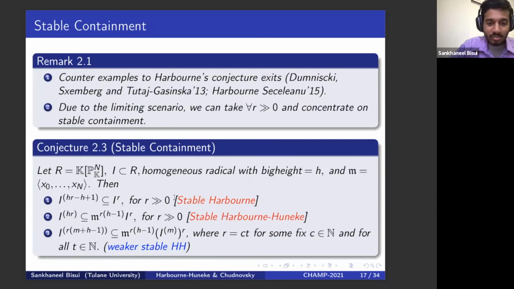One more thing I need to mention: the stable Harbourne statement was first introduced by Eloisa in her work. And those are the reasons that we are interested in the stable containment with proper maximal ideals and a weaker stable Harbourne-Huneke containment.